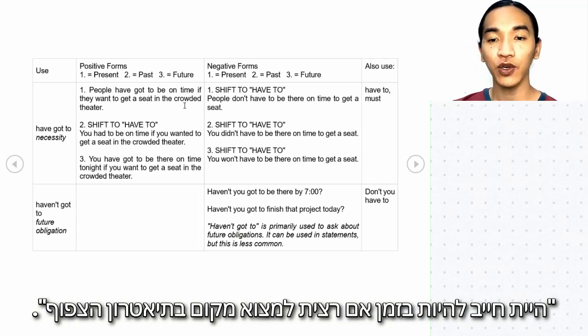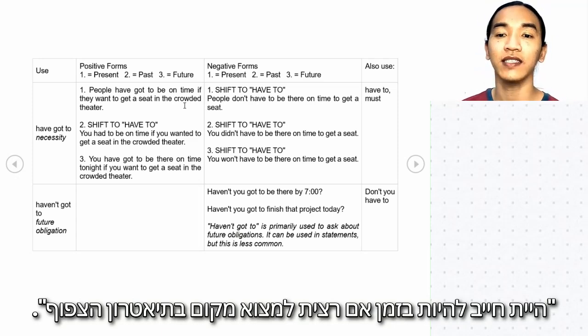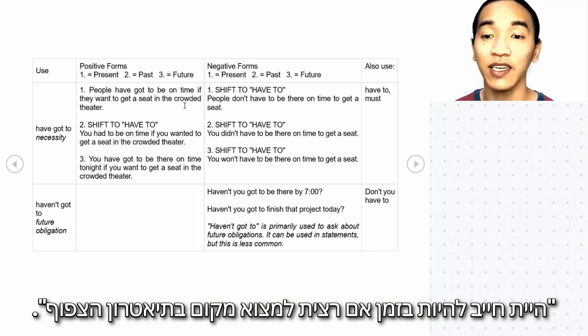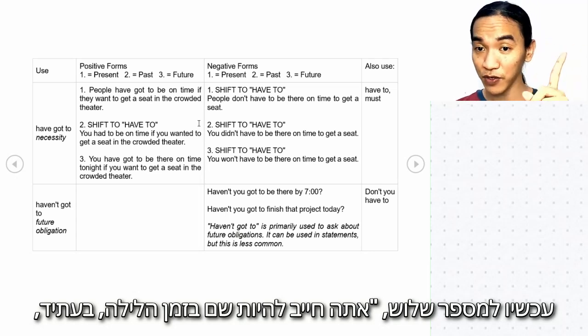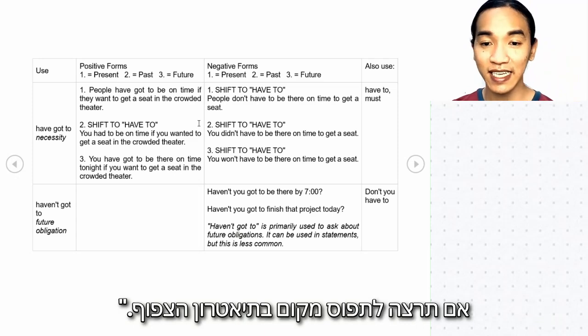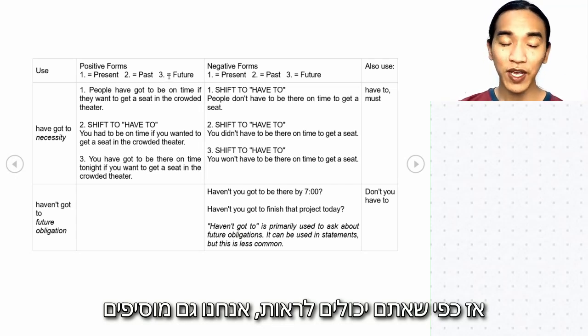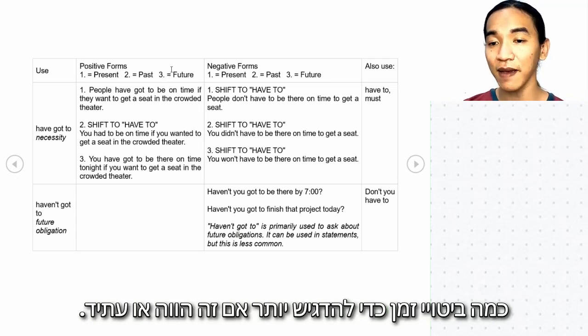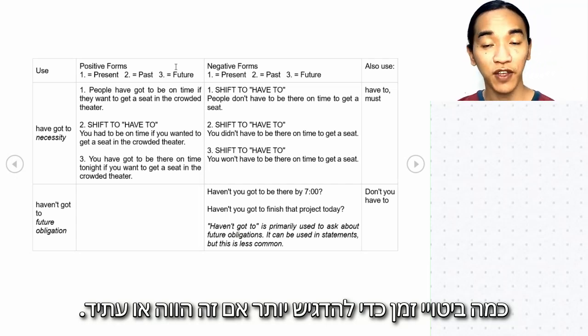You had to be on time if you wanted to get a seat in the crowded theater. Now, for number three, you have got to be there on time tonight. Future. If you want to get a seat in the crowded theater. As you can see, we are also adding some time expressions to emphasize more the tense, if it's present or future.